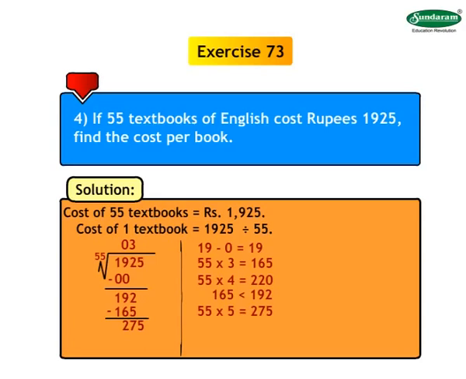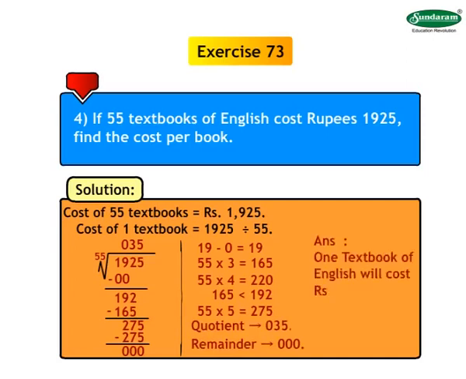Therefore, 275 minus 275 is equal to 0. So remainder is equal to 0. Thus, when 1925 is divided by 55, we have quotient is equal to 35, remainder is equal to 0. Hence, answer is one textbook of English will cost rupees 35.